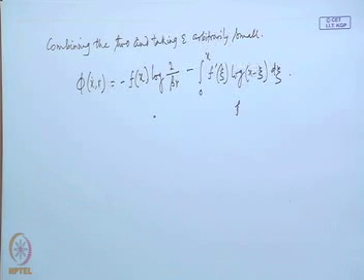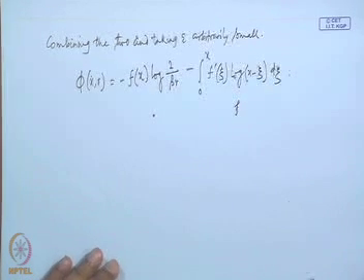You can see that the terms containing epsilon can be made to vanish if epsilon is approaching 0.